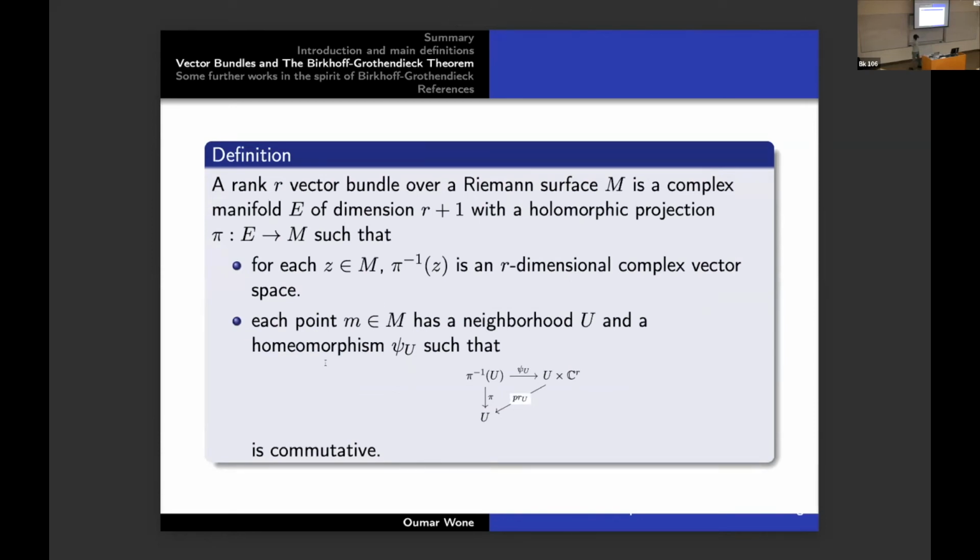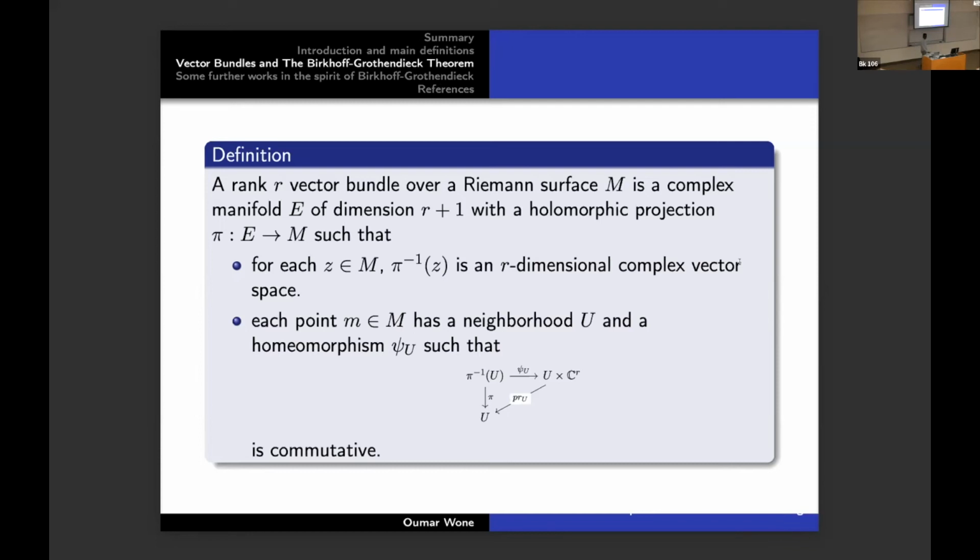Now let us define what a vector bundle is. We copy the definition of what a line bundle is. A rank r vector bundle over a Riemann surface M is a complex manifold E of dimension r plus 1 with a holomorphic projection pi from E to M such that the fiber over each point of M is an r-dimensional complex vector space.